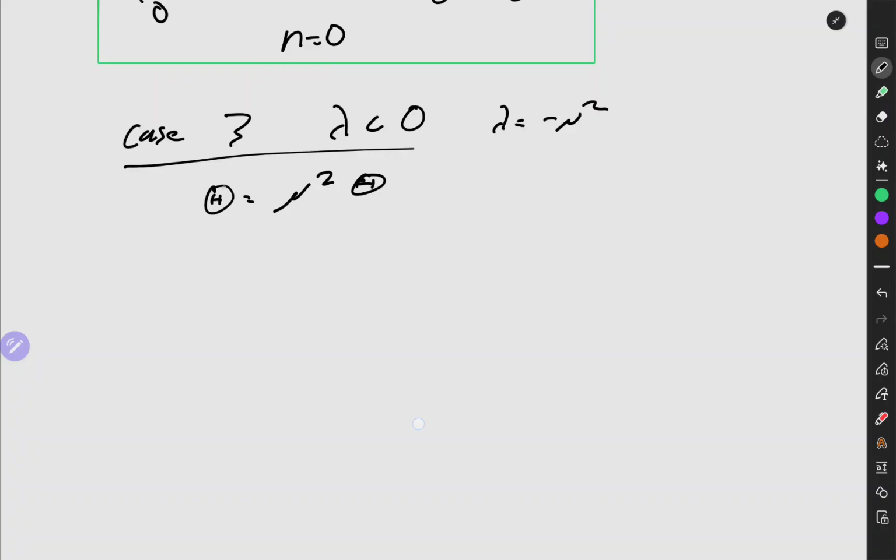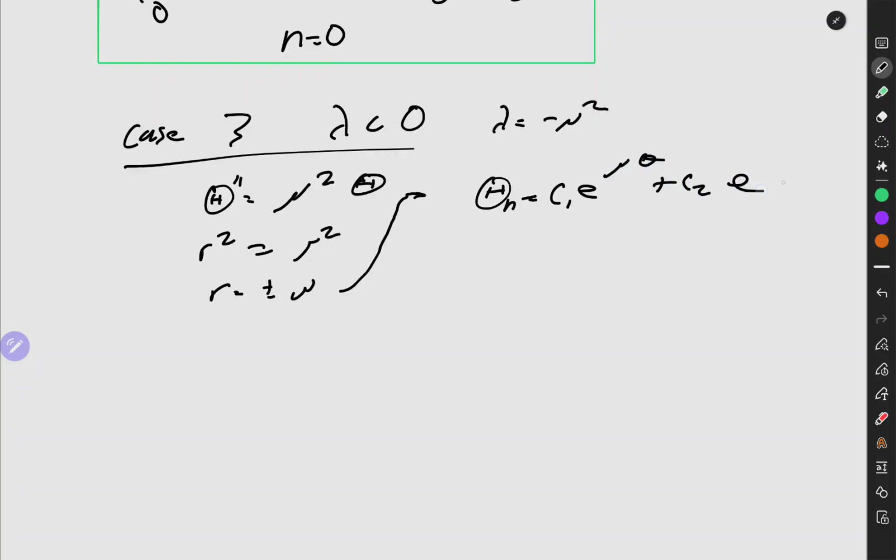Yes. So then solve the characteristic. Theta n equals C1 e to the mu theta, plus C2 e to the negative mu theta.